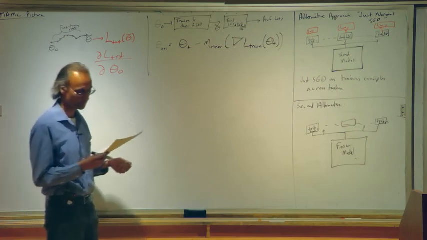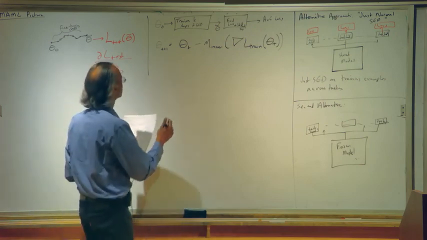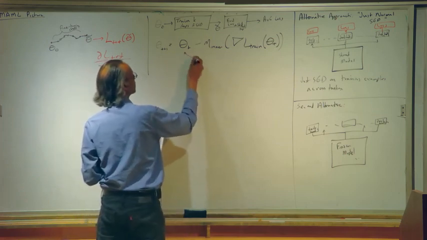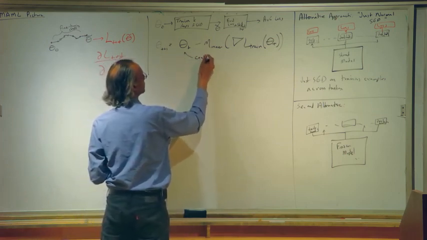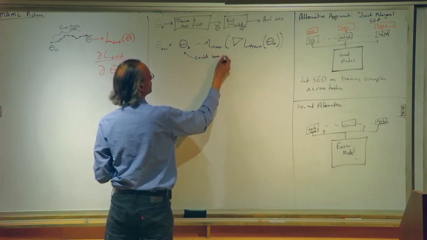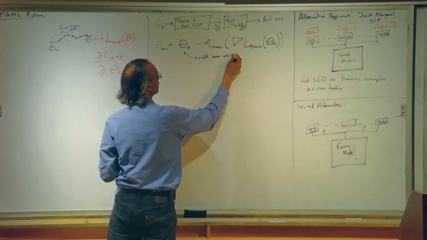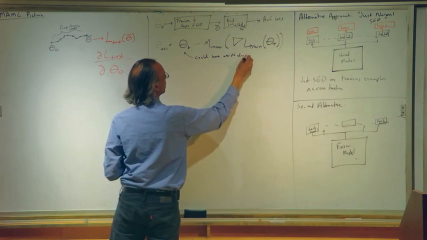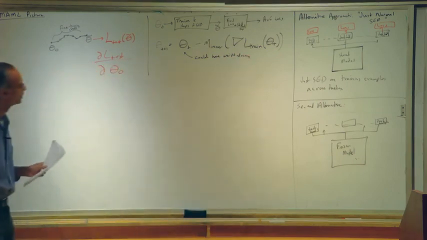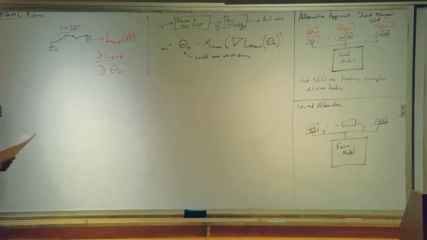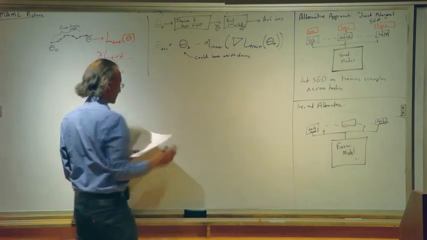That's not a problem. If I did that, I'd put a 1 minus something in front of theta t. So far this is fine. This is what the iterations of k steps of SGD look like.